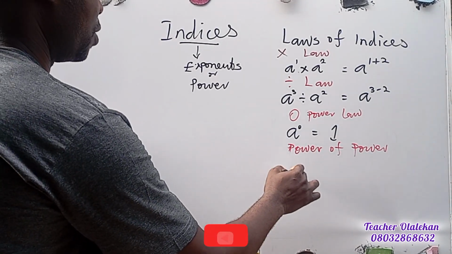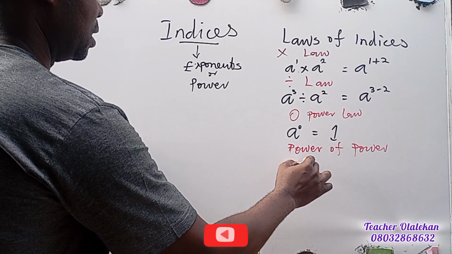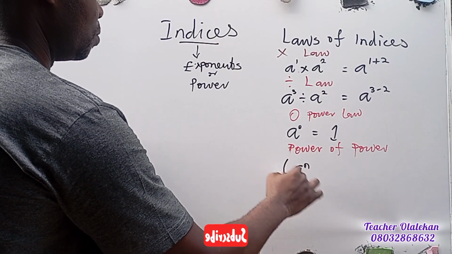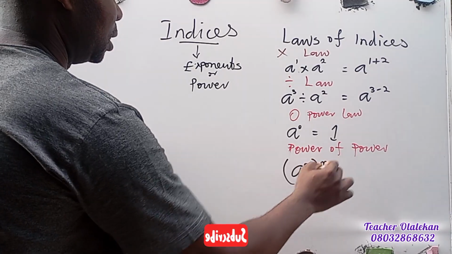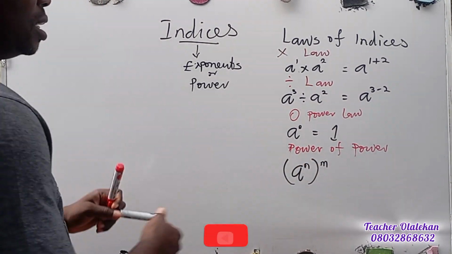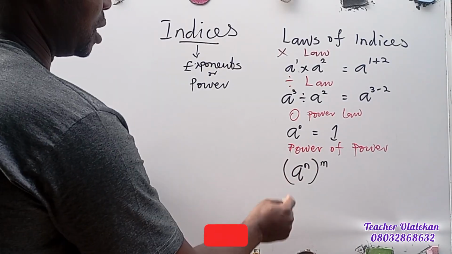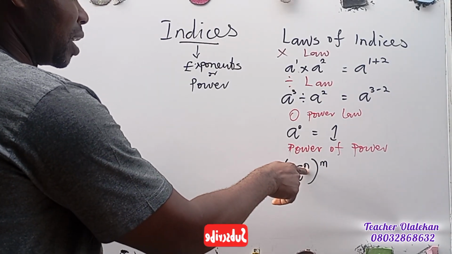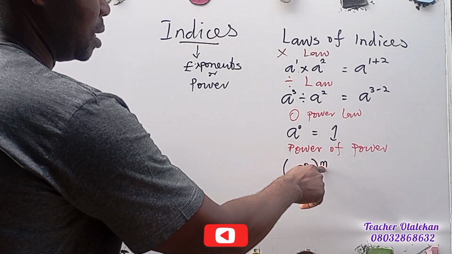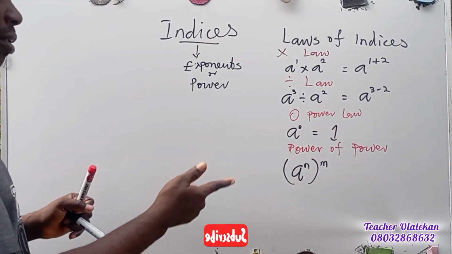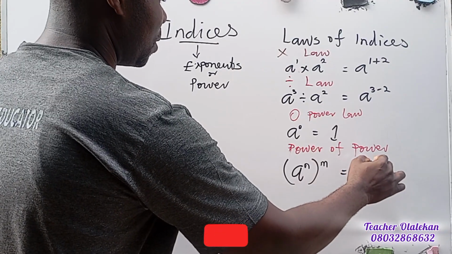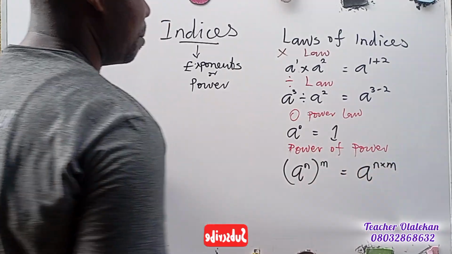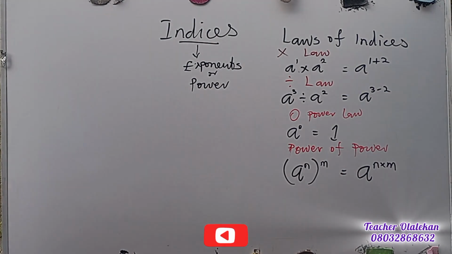It says that if we have a raised to power n, in brackets, raised to power m, what this means is that you multiply the exponent. That means you have the first exponent inside the bracket on the base and the other exponent outside the bracket. So you multiply them. That becomes a raised to power n multiplied by m. So that is the power of power law.